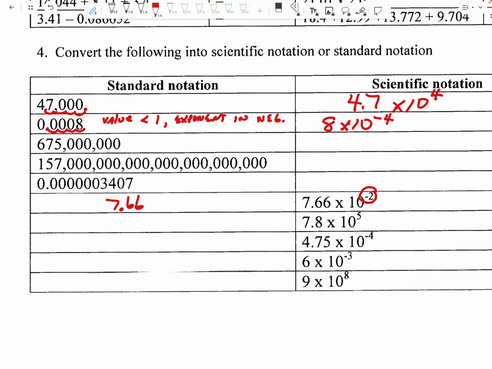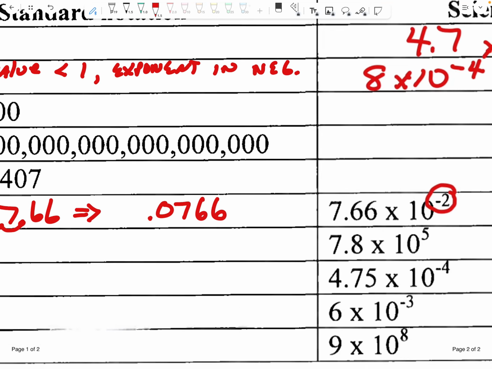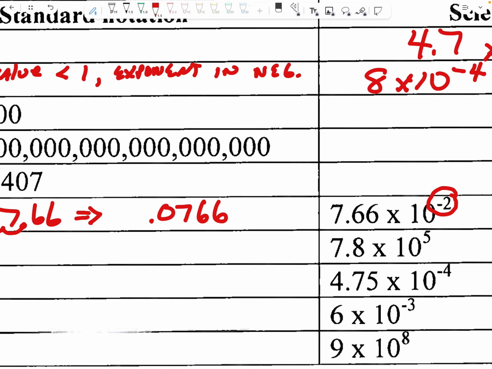So from our decimal right here, let's go to the left 2 spaces. 1, 2, that's our new decimal, and fill in that space with a 0. So the number in standard notation is 0.0766.